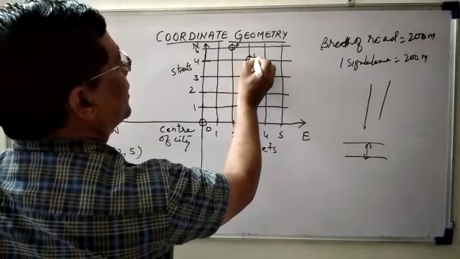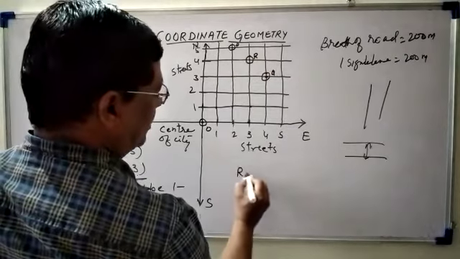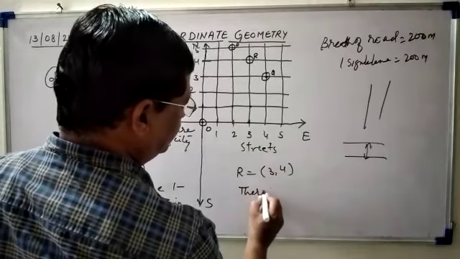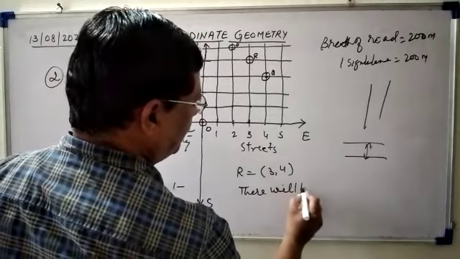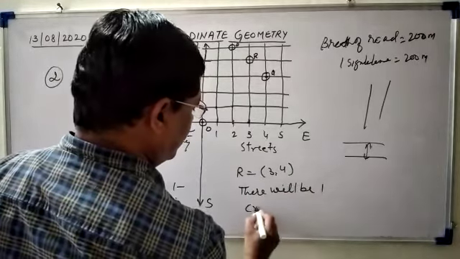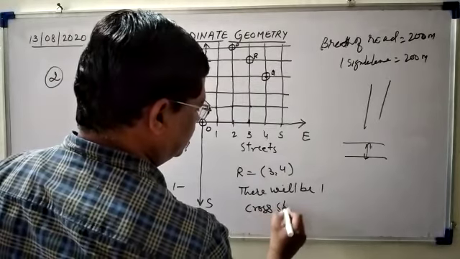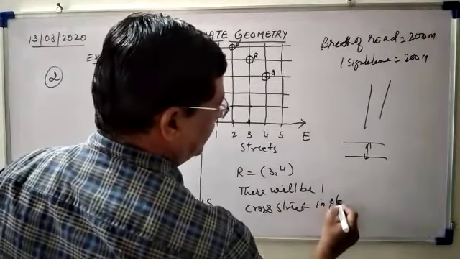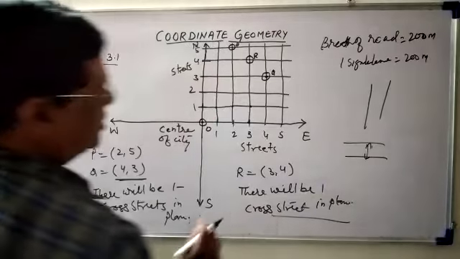This is your R. So R has the coordinates 3, 4, and there will be only one cross street in the plan. This way we can show it.